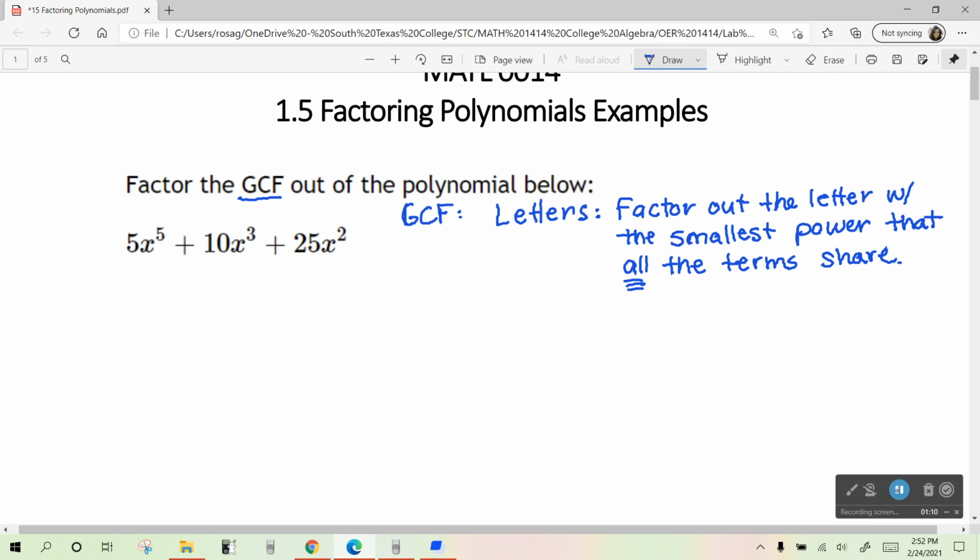That's important. They have to all have it. Like if you look at this example, they all have x. Okay, so then I can factor out x. And you're going to look at the x with the smallest power. That's 2.